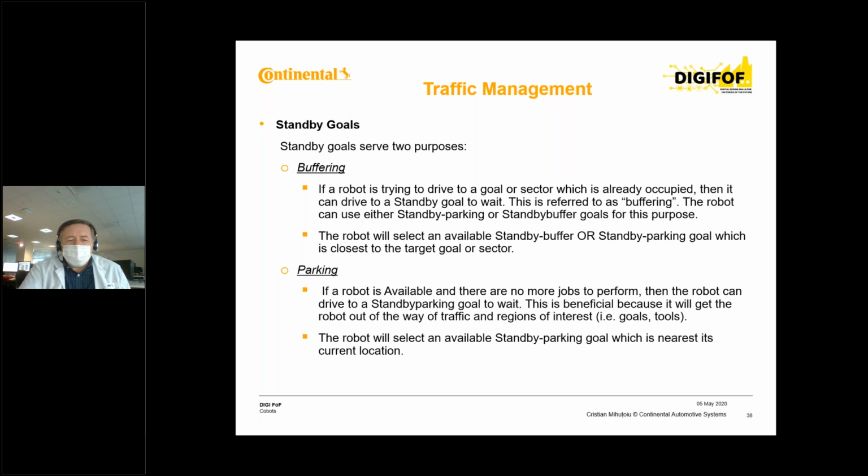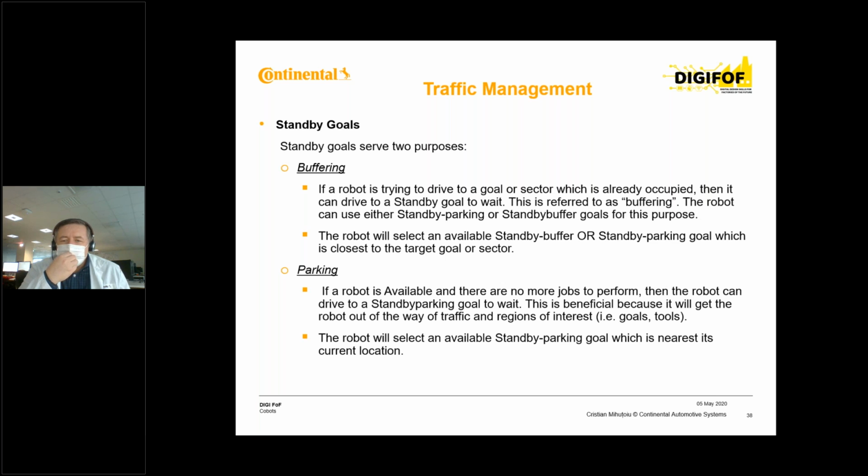If a robot is trying to drive to a goal or sector which is already occupied, then it can drive to a standby goal to wait. This is called buffering. In other words, if the robot must deliver a load to a certain point, and the unloading point is busy because a previous robot already delivered something there and the operator didn't unload the rack, then the robot, the AGV, will enter the buffering state in a predefined buffering area.